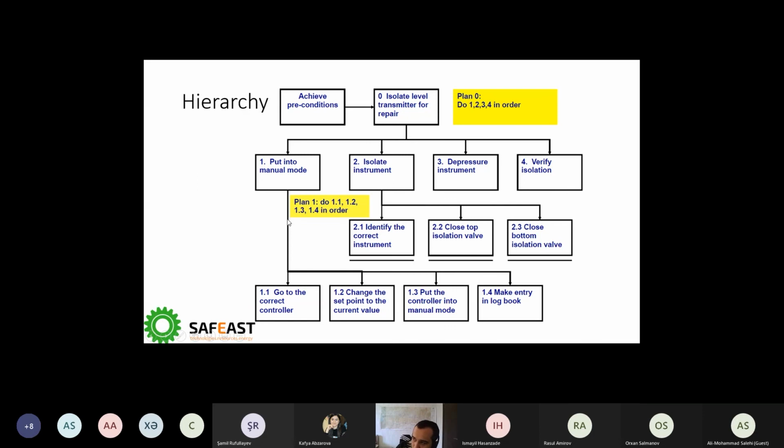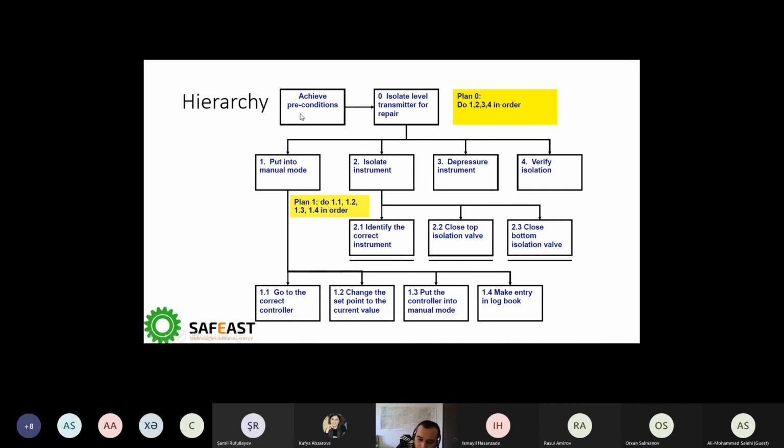Then for each of them, you develop further sub-steps. For example, how can you put it into manual: go to the correct controller, change the set point to the current value, put the control in manual, and make a log entry. And how can you isolate: identify the correct instrument, close the isolation valve, close the top isolation valve, close the bottom isolation. You do the same for all of them.